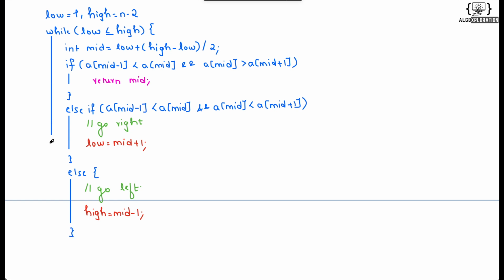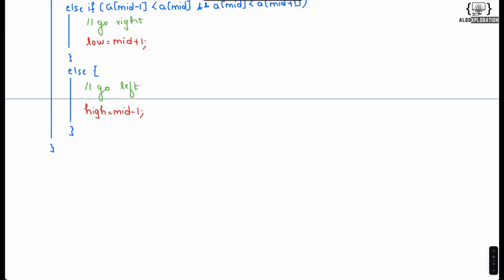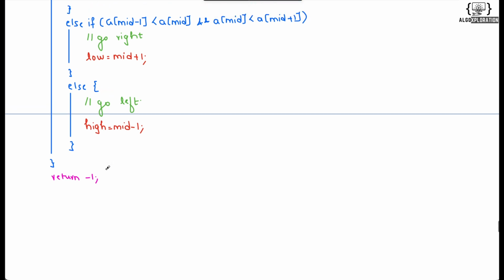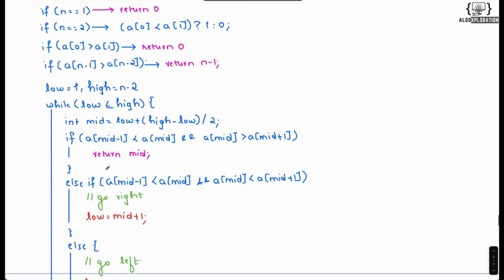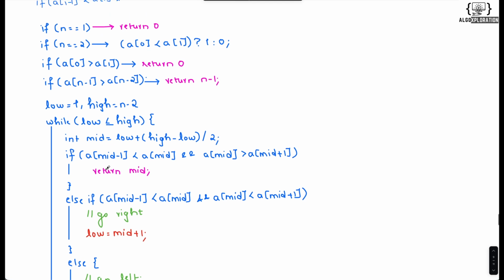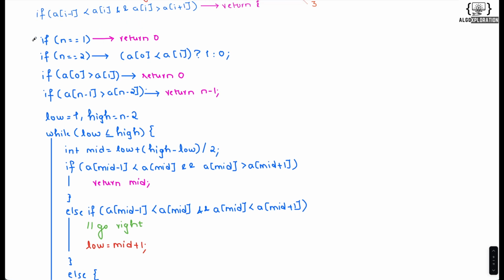So I believe you got this. And at last we can just simply return minus 1 just for the formality, even though this line is never going to execute. Now this for line will take a constant amount of time.